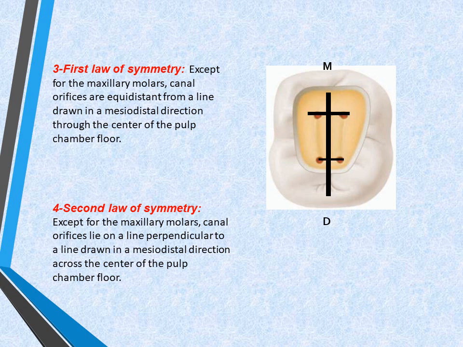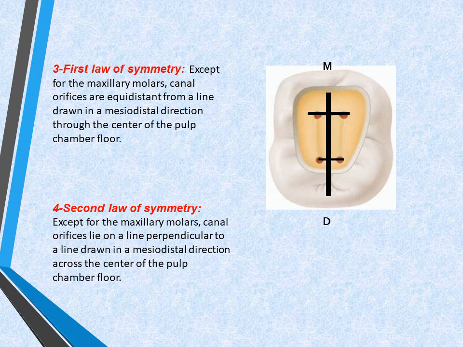The first law of symmetry is, except for the maxillary molars, the canal orifices are equidistant from a line drawn in a mesiodistal direction through the center of the pulp chamber floor. So if you can see the long vertical line drawn from the mesial to the distal, you will be able to understand that the canal orifices are equidistant from this line.